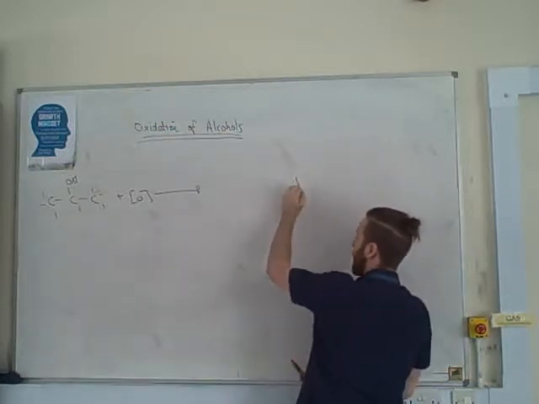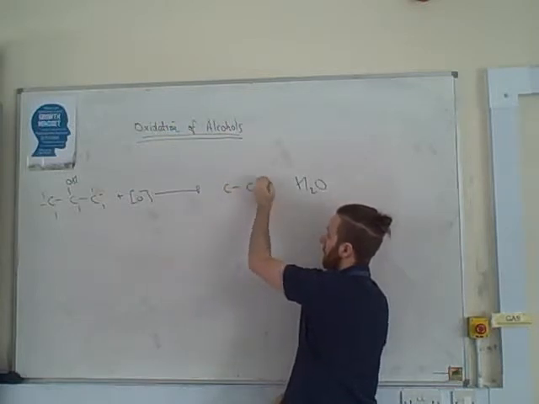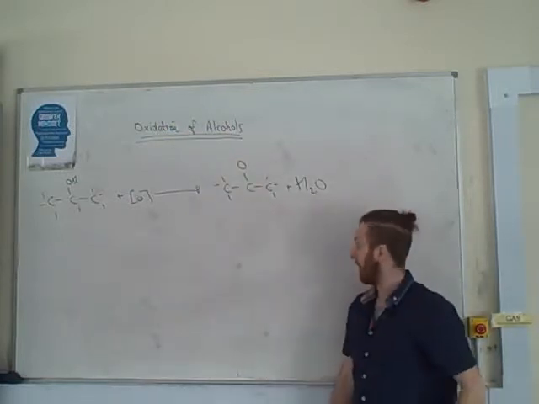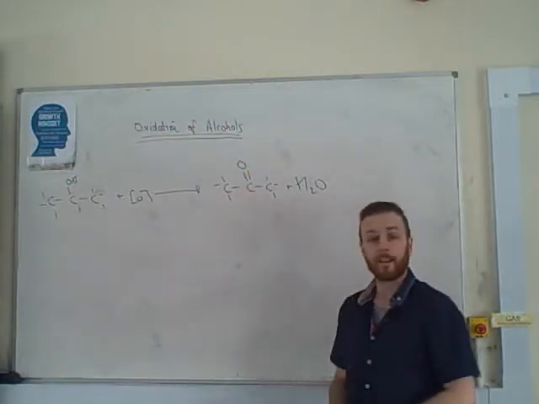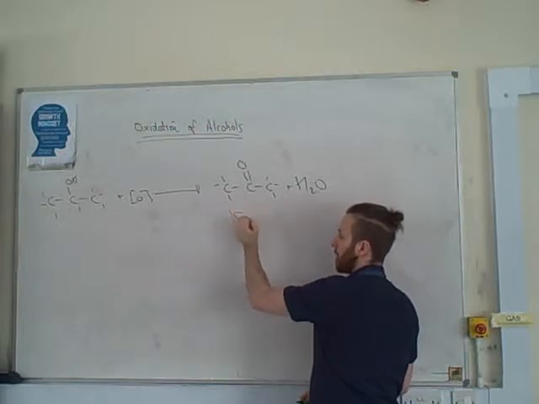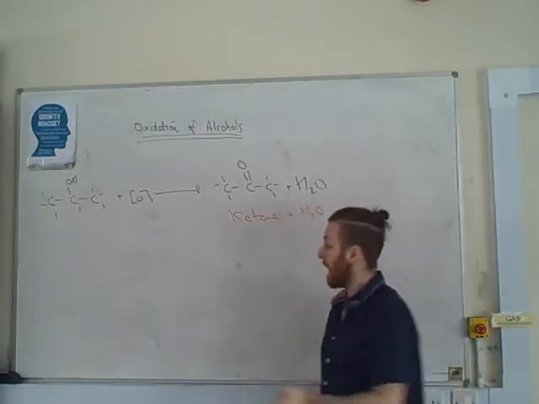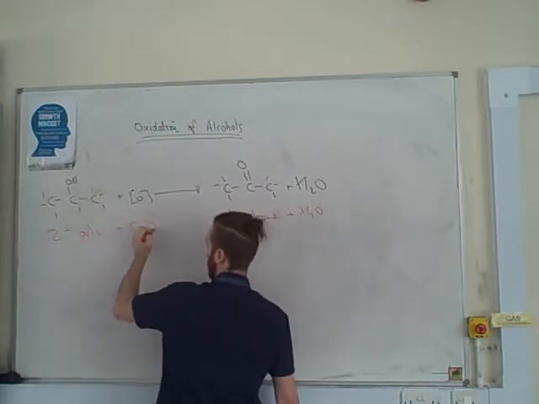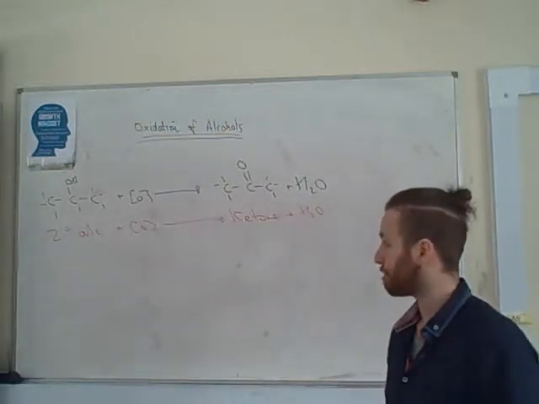So again, just like with primary, we're going to get water, and that's going to leave us with this. And then just like with a primary, the O and the C, they're going to double bond, and so now we're going to get a ketone. Okay? And so our overall equation is secondary alcohol plus, well, oxidize it, and you get ketone and H2O.